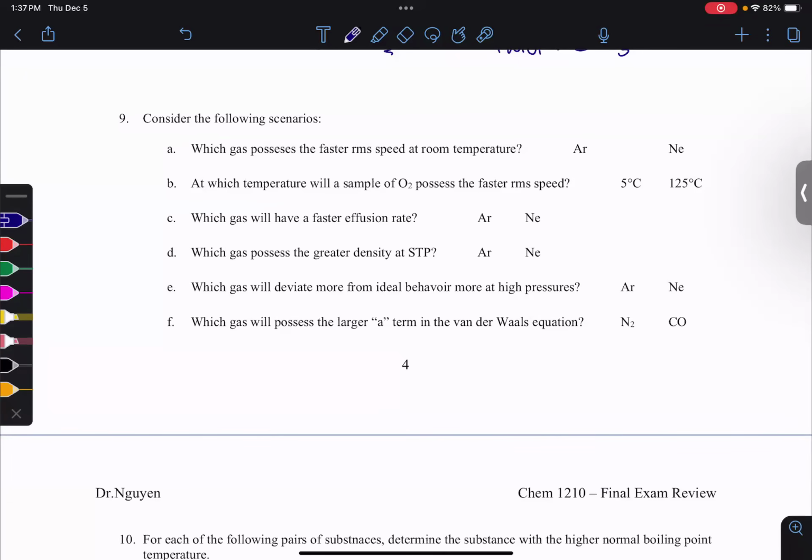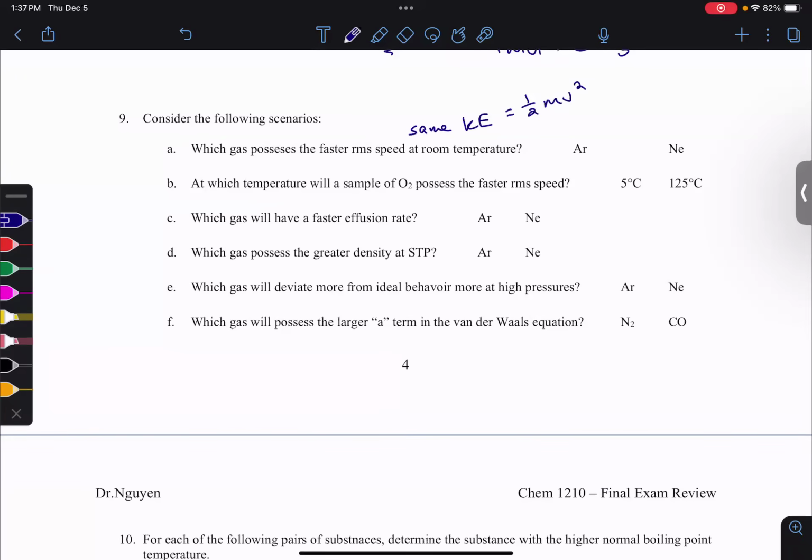So here, which gas possesses the faster RMS speed at room temperature? Since both of these samples are at room temperature, they have the same kinetic energy, right? If they have the same kinetic energy, just remember the equation for kinetic energy. It's equal to 1/2 mv squared.